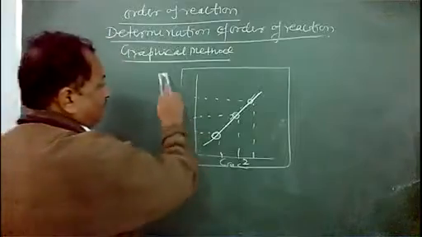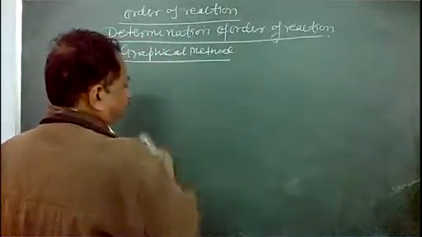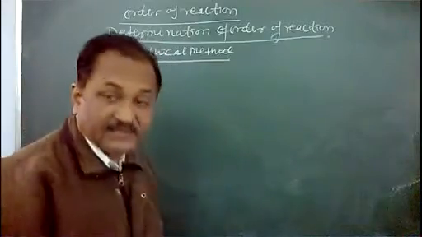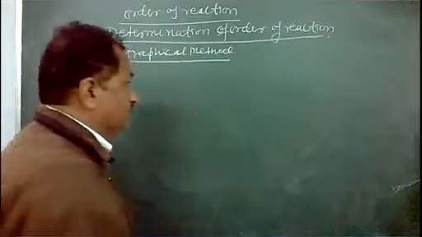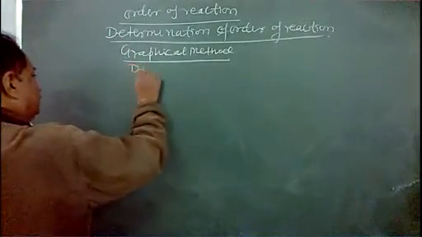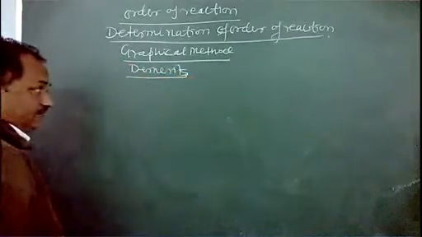Now children, this graphical method has some demerits also. Graphical method is not so good a method. It has some demerits, so I am going to explain the demerits of the graphical method.